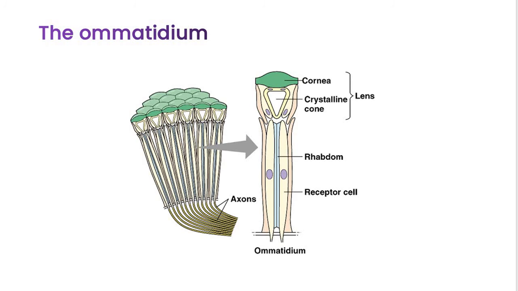Here you can see the single structure of an ommatidium, showing how the compound eye works. If we take a single facet starting from this region, anterior to posterior, it is a single ommatidium, right?